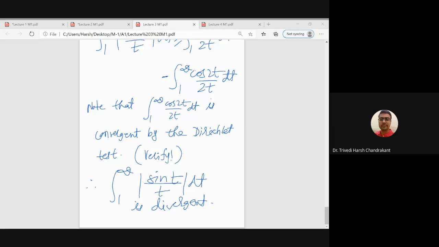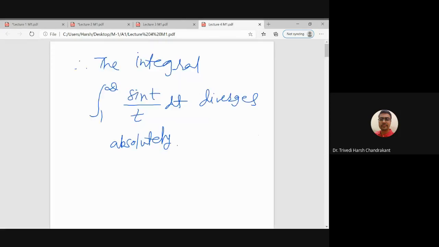So directly we have already checked that the integral converges because of the Dirichlet test, right? So this is regarding the Dirichlet test.